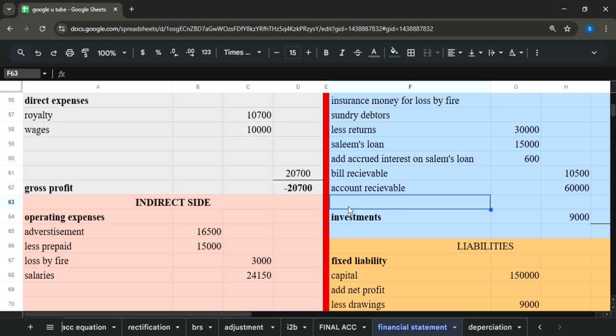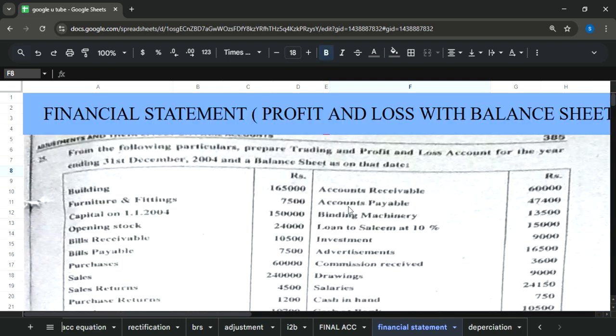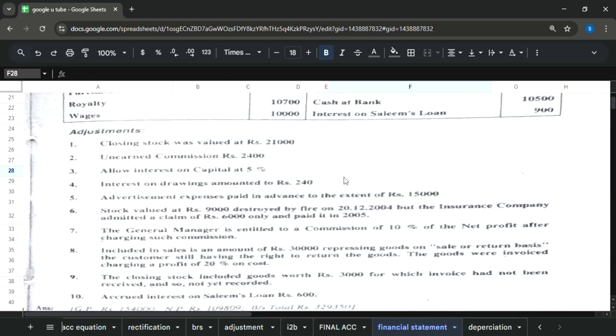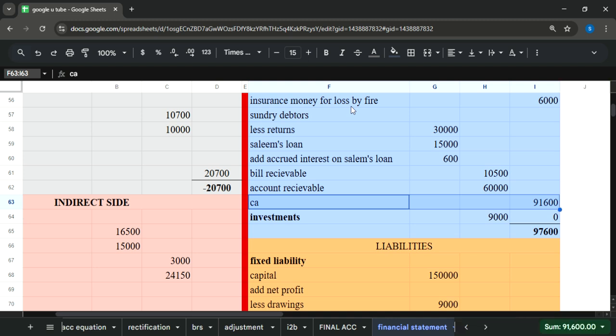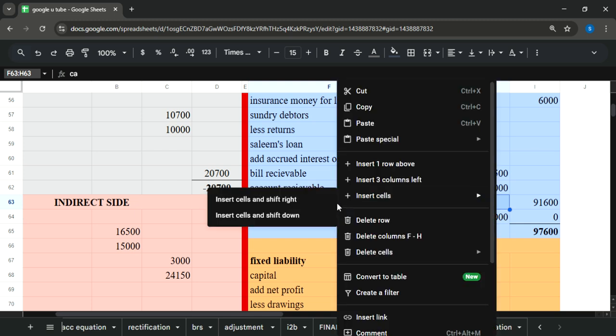Again we are getting a little less space. I think we will increase one more line because after cash in hand we have cash at bank, so it means we need two more lines. So let's increase.